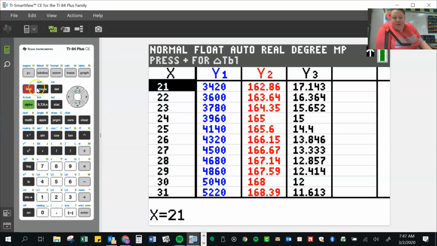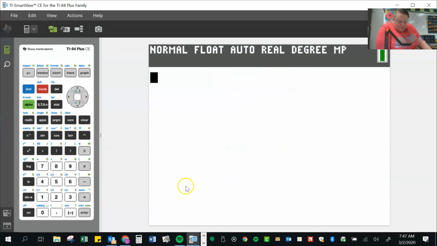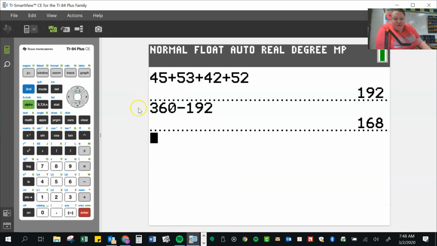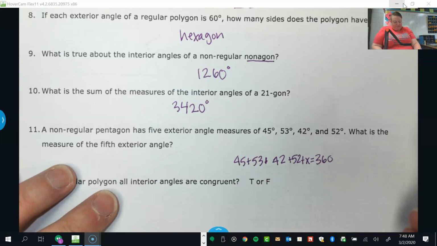I'm going to say 45 plus 53 plus 42 and then 52, and I need to do 360 minus 168. So that last angle is 168.